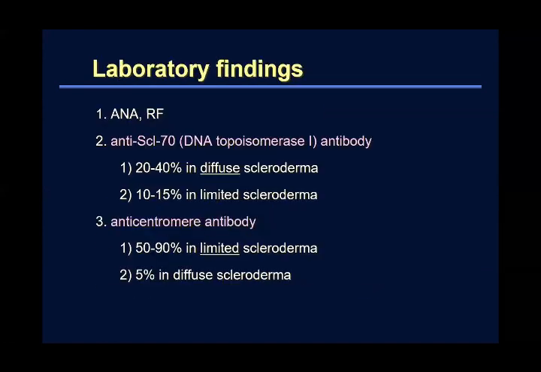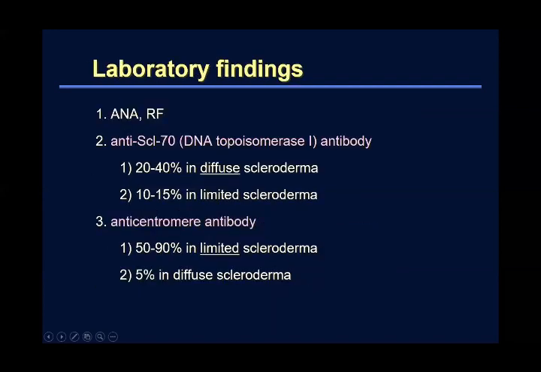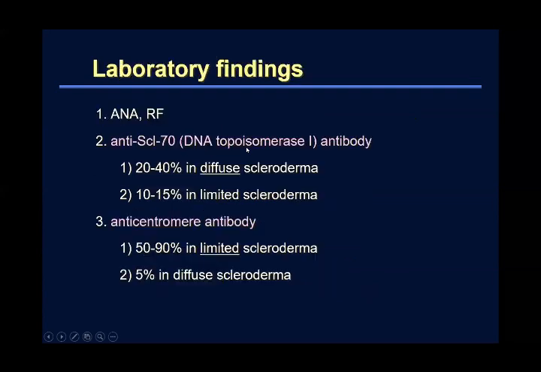These are the patients who have anti-Scl70. They are the patients who have a diffuse disease, and they have a bad prognosis if the patient has anti-Scl70. So anti-Scl70 positivity is an indicator of diffuse disease, usually in 20 to 40% of patients, but ANA is almost always present in patients with scleroderma.